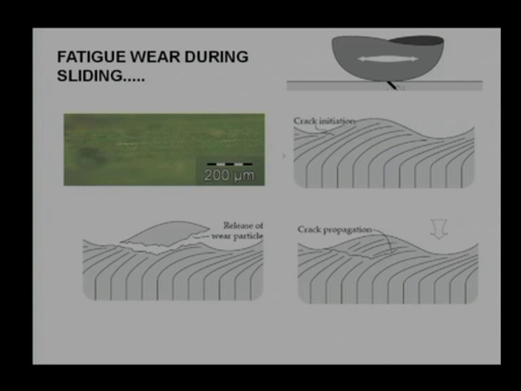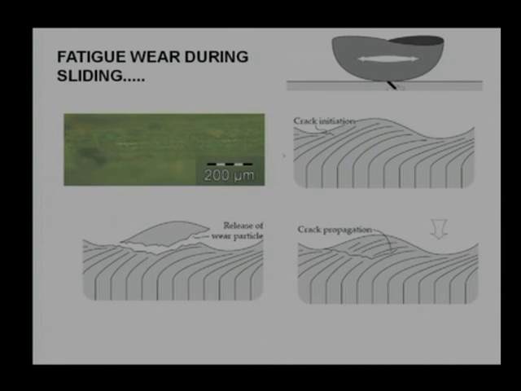This is one of the common phenomena in gears. You can see a gear pit over here. If this kind of wear particle comes out, maybe in the order of a few microns only, we are able to see the pit on the gear. Whenever there is a pit on the gear, sliding will increase and pure rolling will reduce. The increase in sliding is going to require more tangential load on the surface.